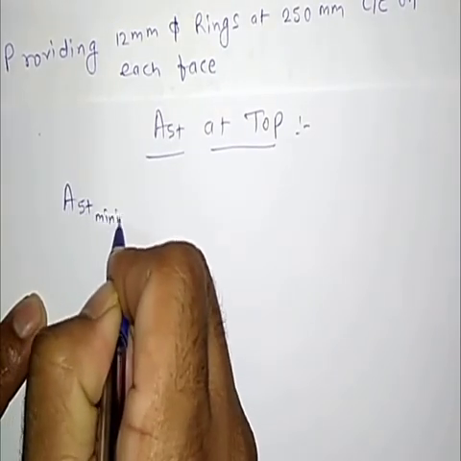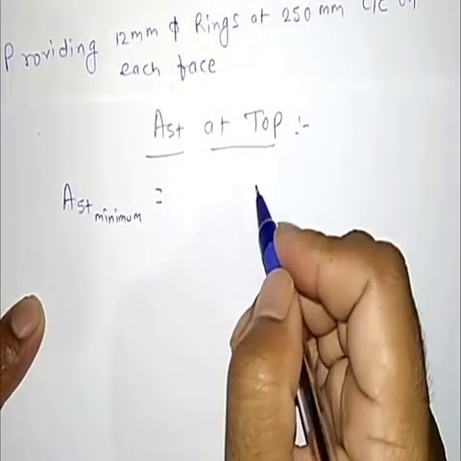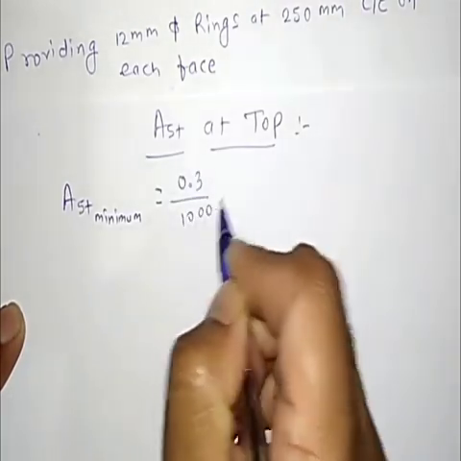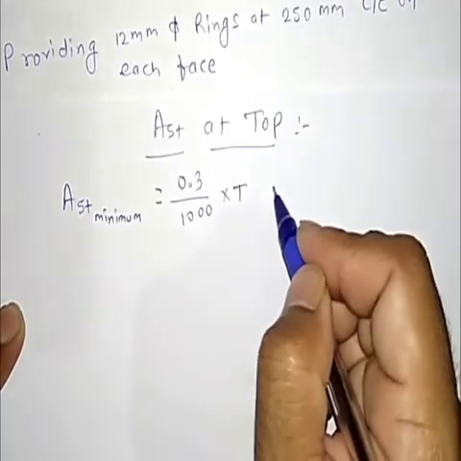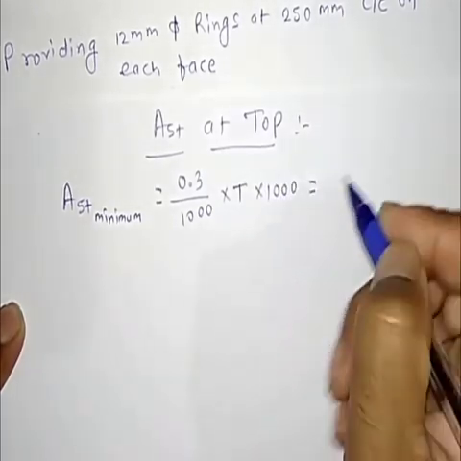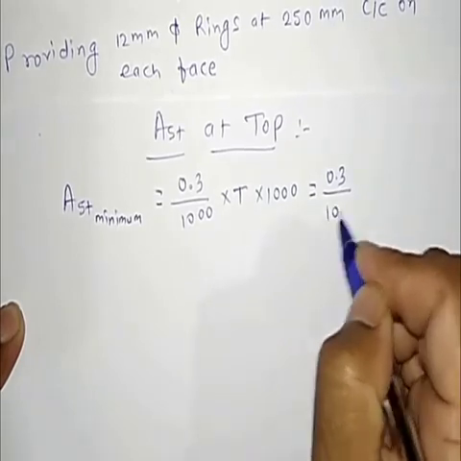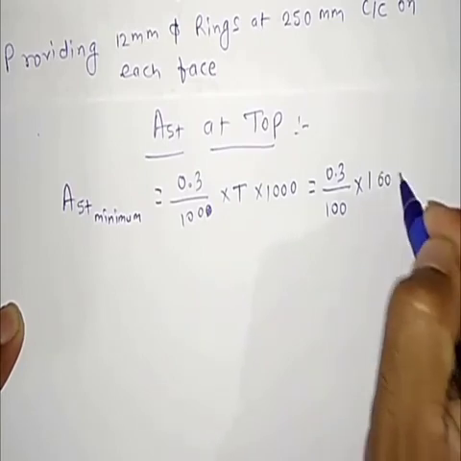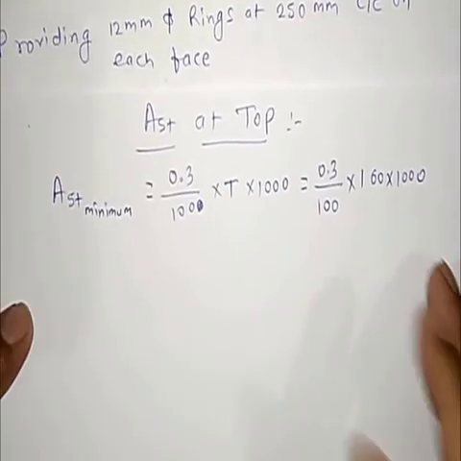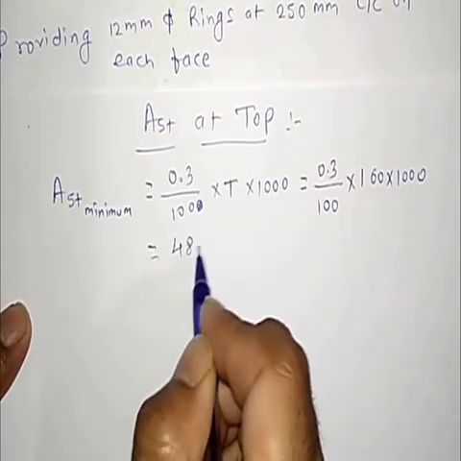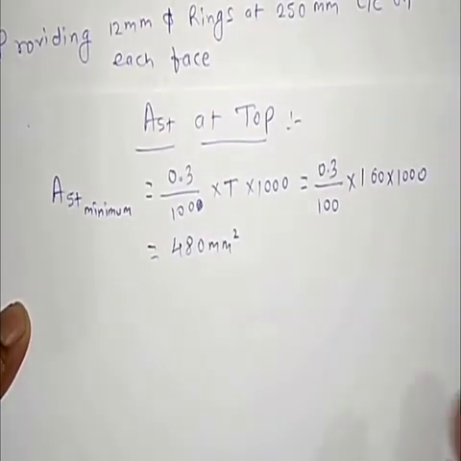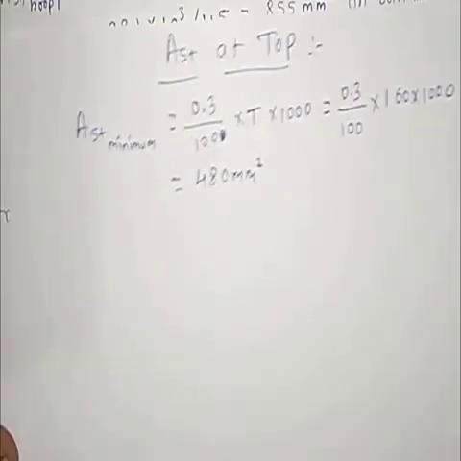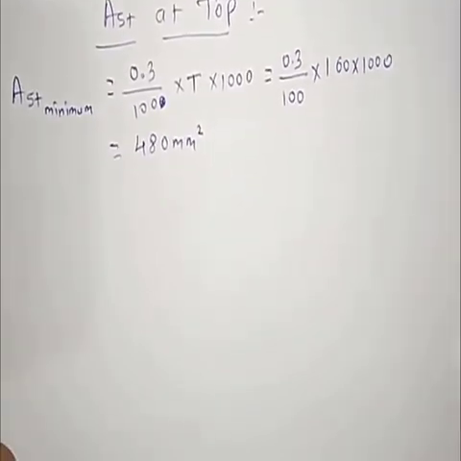AST minimum is 0.3% of the thickness multiplied by 1000, so 0.3 multiplied by 160 multiplied by 1000. This is coming out to be around 480 mm square.